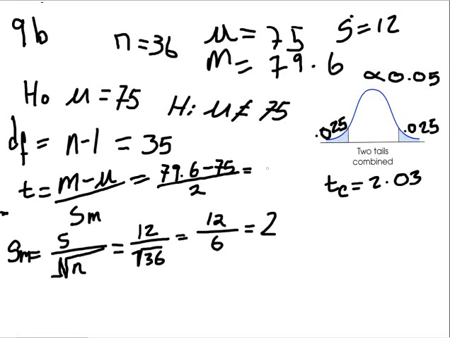Let's see, that is 4.6 over 2 equals 2.3. Okay, now let's compare that to our t critical. So 2.3 is greater than 2.03, and so we reject our null hypothesis.